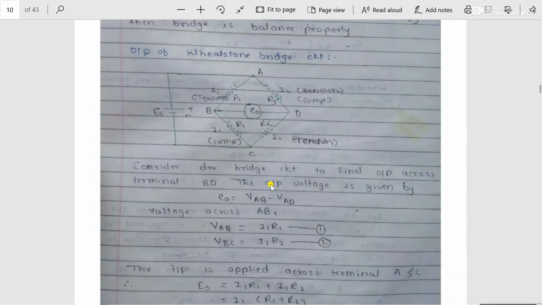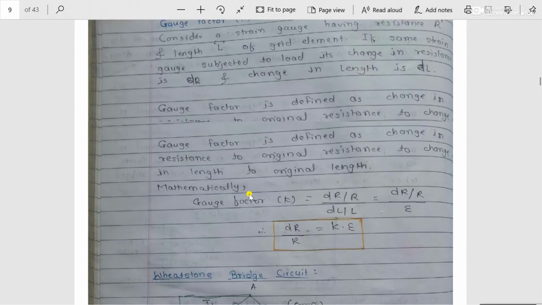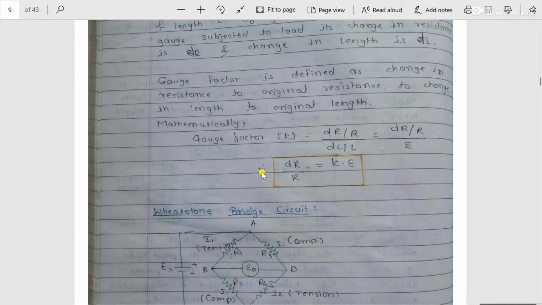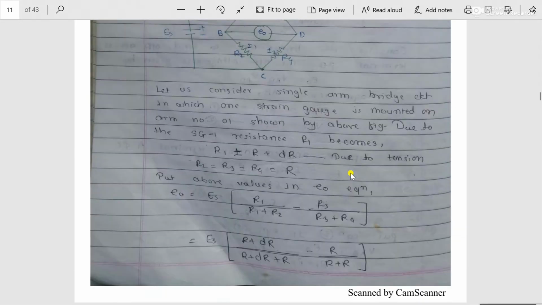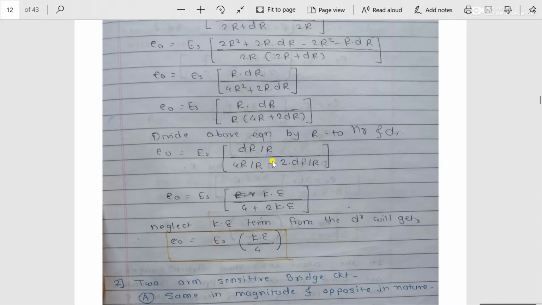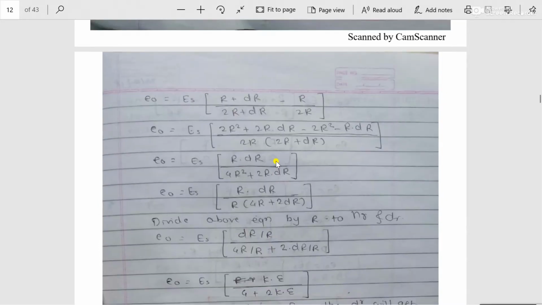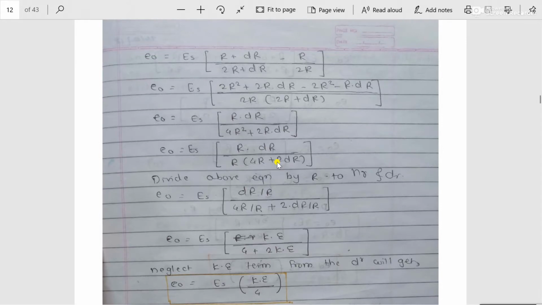If we recall this formula from the gauge factor definition, delta r upon r is equal to k into epsilon, and whatever E0 value I have to obtain, I have to obtain it in the form of k into epsilon. To obtain that E0 in the form of k into epsilon, what I have to do is, wherever delta r upon r terms are present, to that delta r I have to divide by capital R.